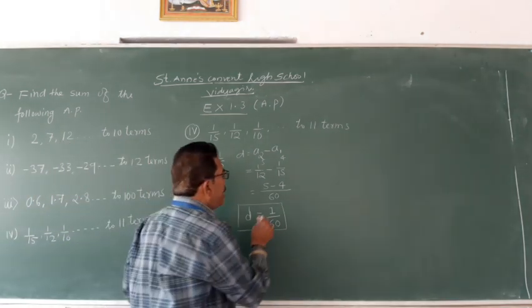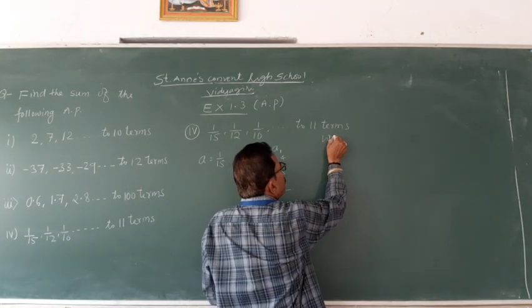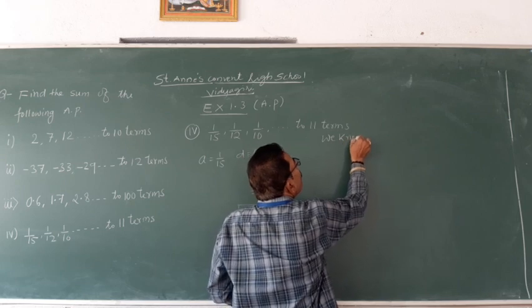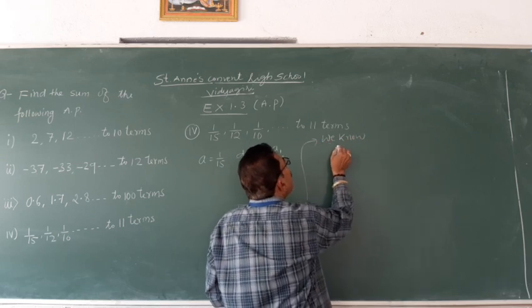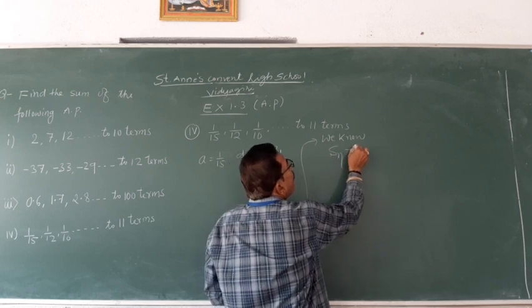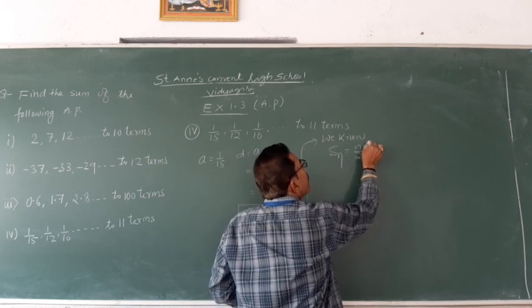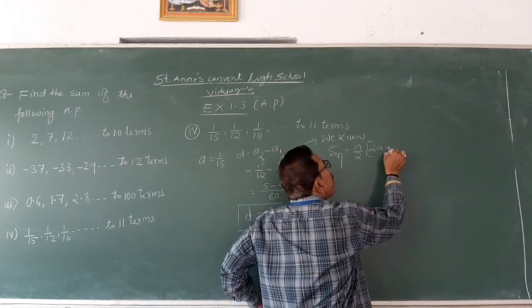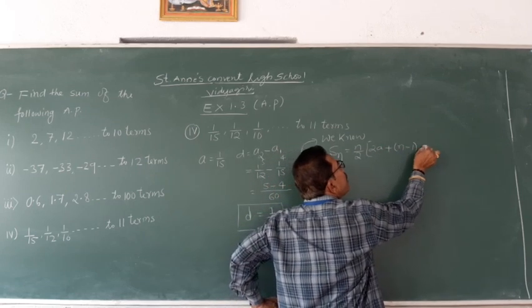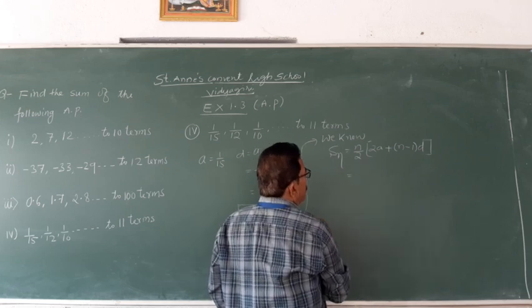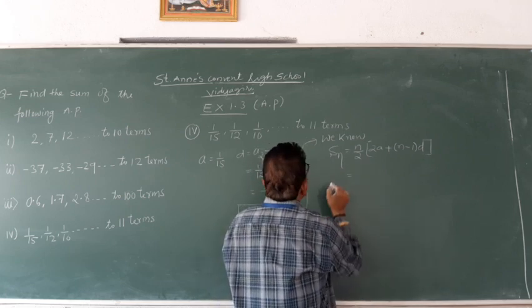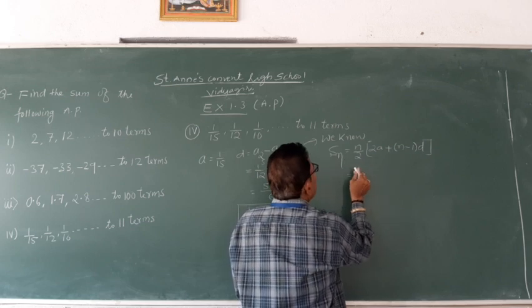Now by applying Sn equals n by 2 in the big bracket, 2a plus (n minus 1) into d. Here n, we have to find 11 terms.